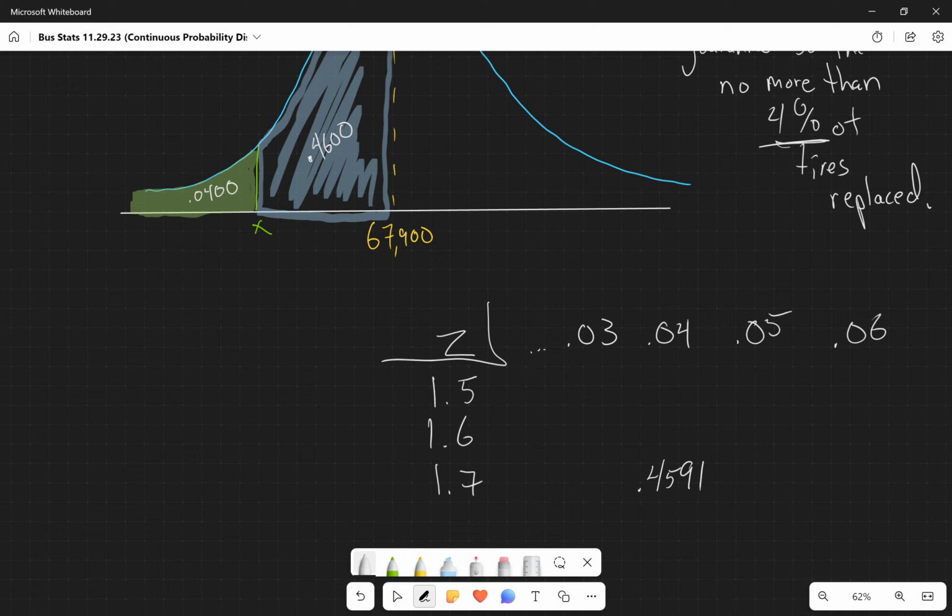At 1.75, we've got 0.4599. And at 1.76, we've got 0.4608. So we're going to take the value that's closest but not over, which means that the associated z statistic to what's going on here is going to be equal to 1.75.